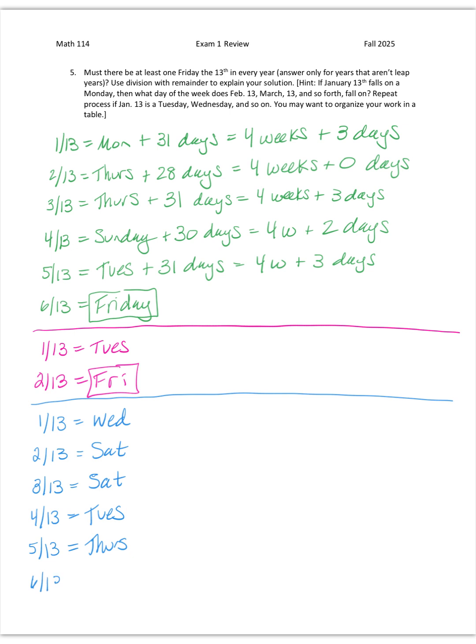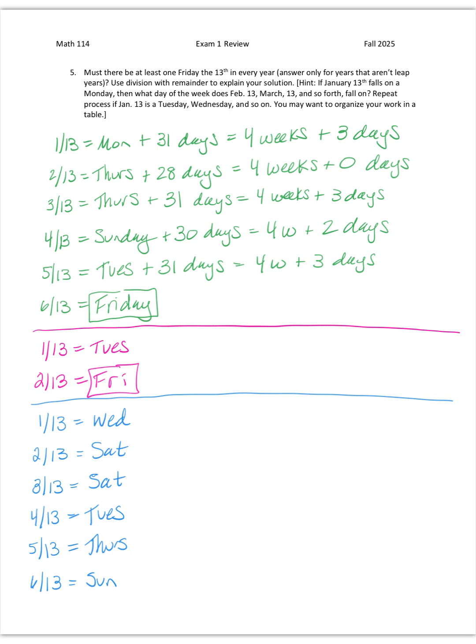And then to get to June, I have to advance 3 days. So Friday, Saturday, Sunday. And now I have to pick up this work that I was doing earlier of figuring out how many days to advance. So June is one of the months with 30 days.